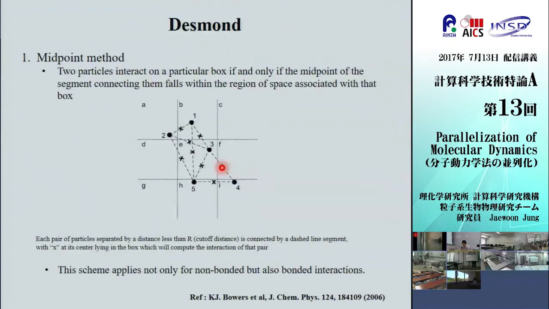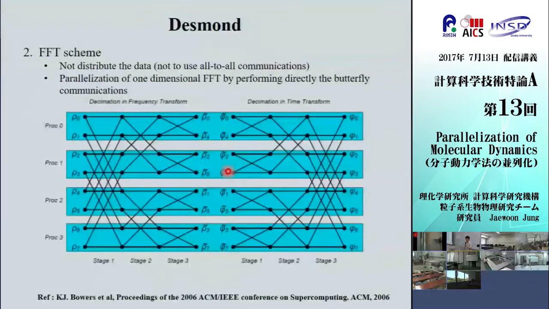So the interaction between number 3 and number 4 is decided in subdomain F. In this way, they only need to communicate data up to half of the cutoff distance, and they can reduce the communication cost quite a lot. And in Desmond, they also have their own FFT parallelization scheme.